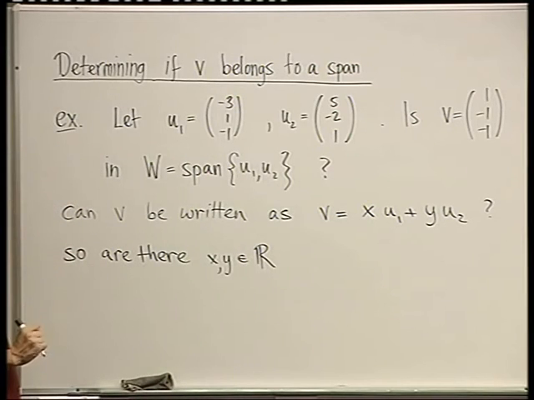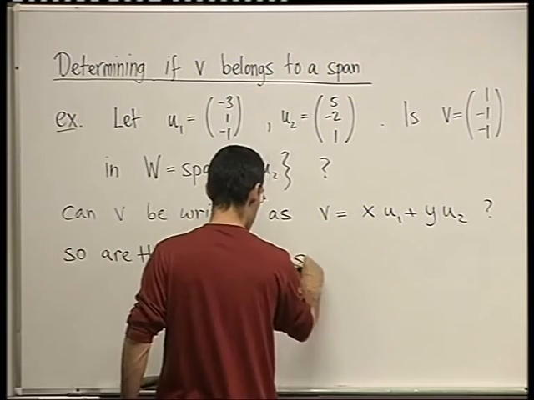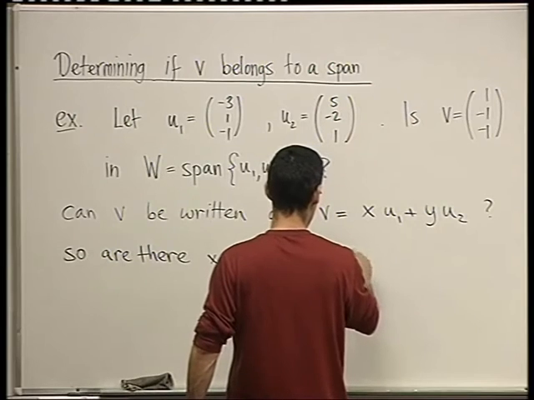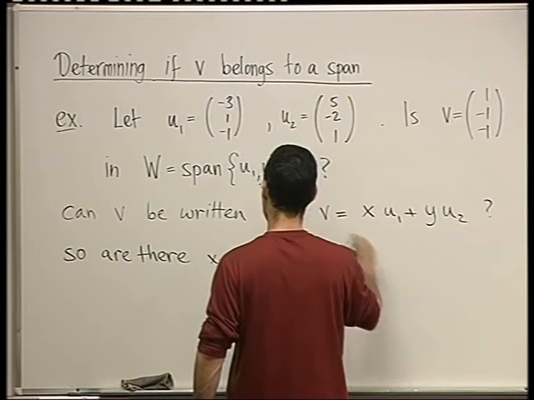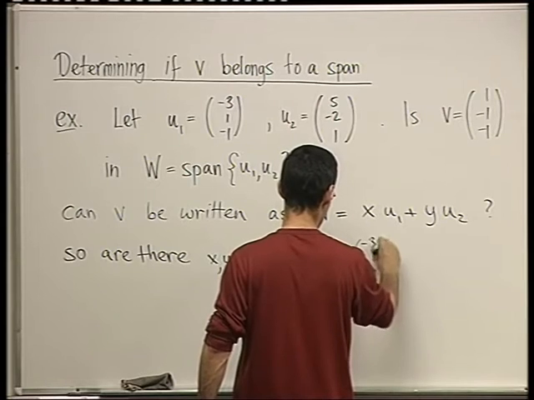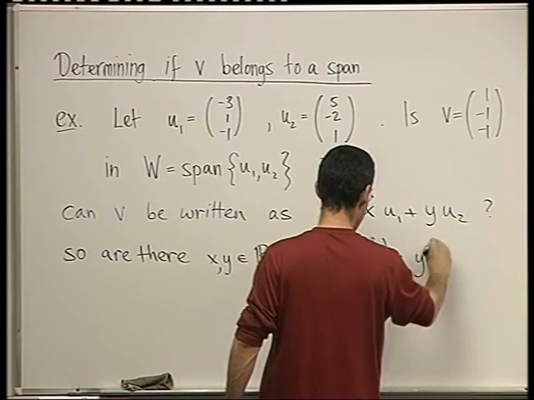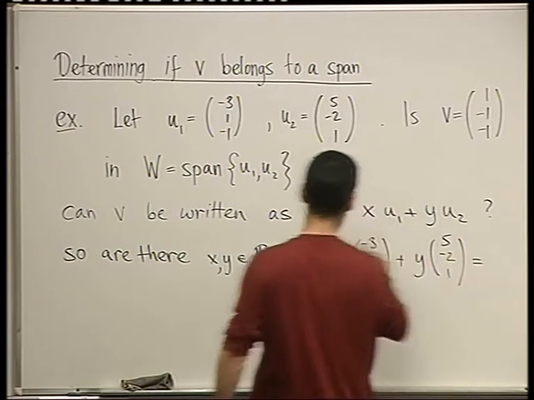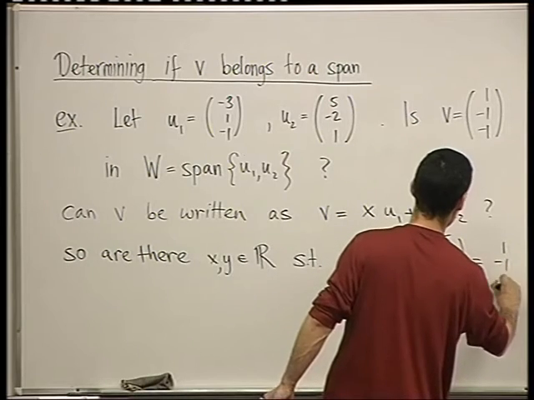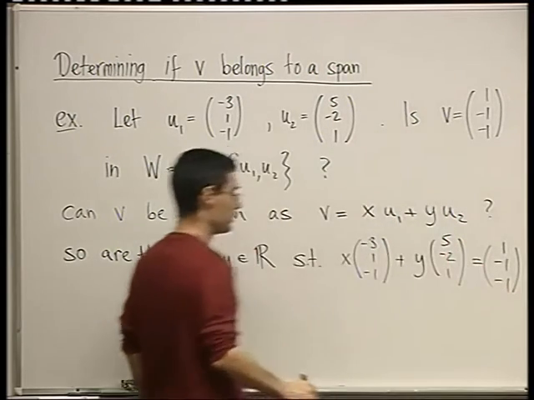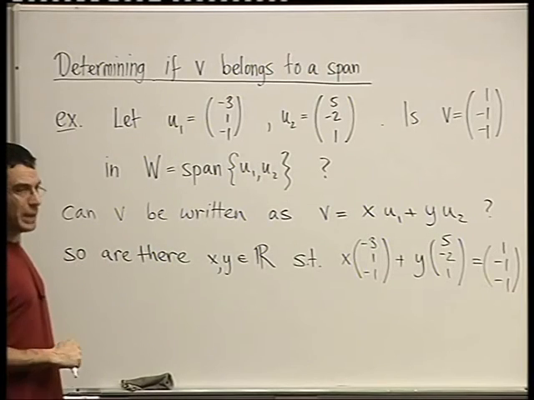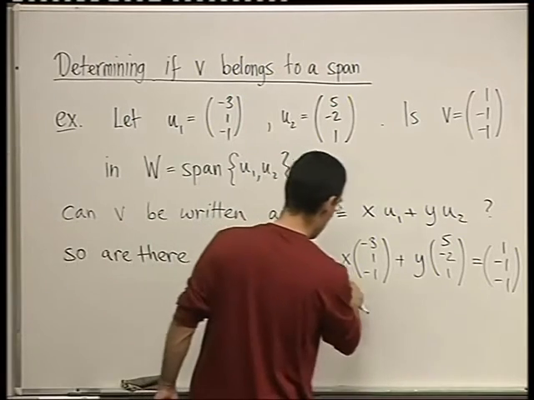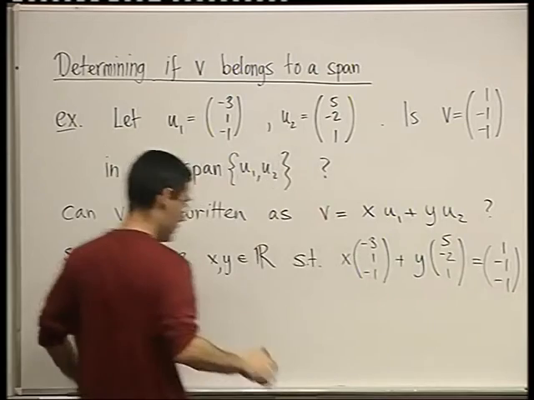Are there scalars x and y such that, ST is an abbreviation for such that, x times u1, negative 3, 1, negative 1, plus y times u2, 5, negative 2, 1, equals v, 1, negative 1, negative 1. Do you agree that this is still the exact same question? So are there x and y such that x times u1 plus y times u2 is precisely v?